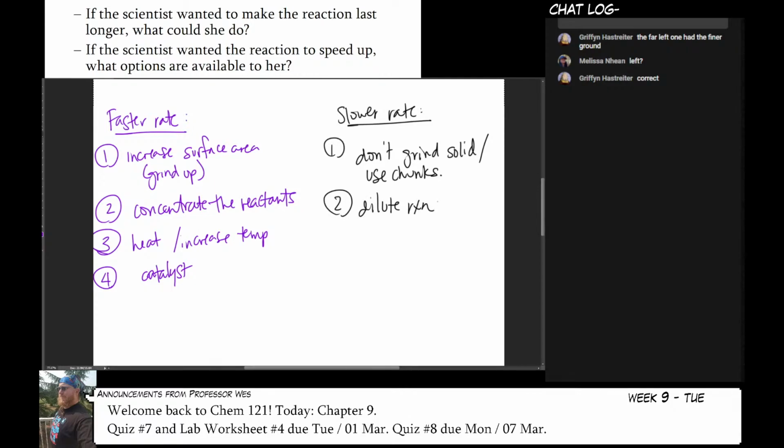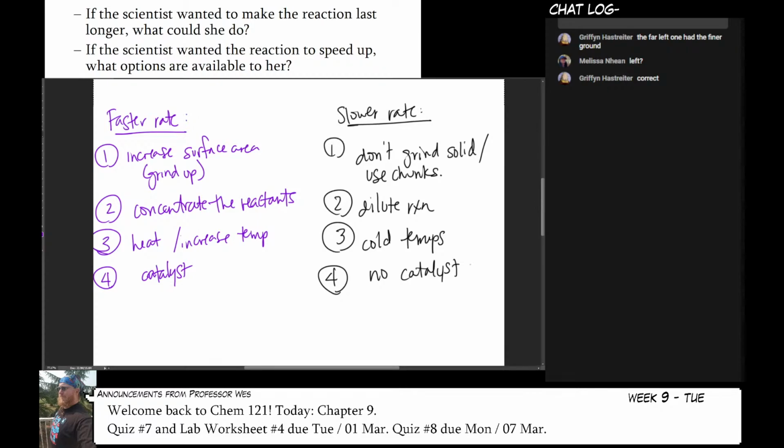That would make it go slower. We could use cold temps. And should we use a catalyst? No. So there you go. If we wanted to go faster, we can use all the things we discussed. If I want the reaction to go slower, we just do the opposite of those things.